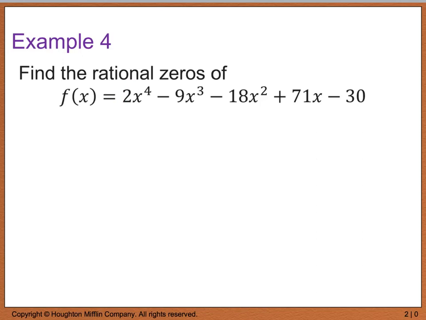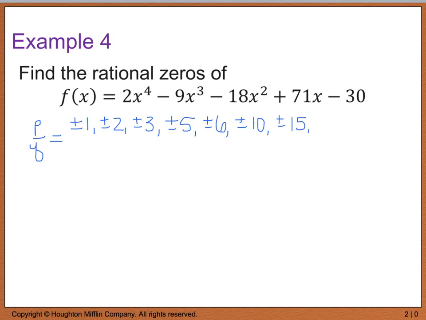So let's go ahead and start out by listing our possibilities of our rational zeros by using the rational zero test, which is P divided by Q. So factors of 30 are going to give me plus or minus 1, plus or minus 2, plus or minus 3, plus or minus 5, plus or minus 6, plus or minus 10, plus or minus 15, and plus or minus 30.